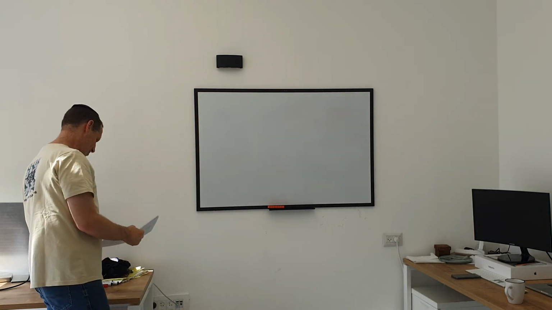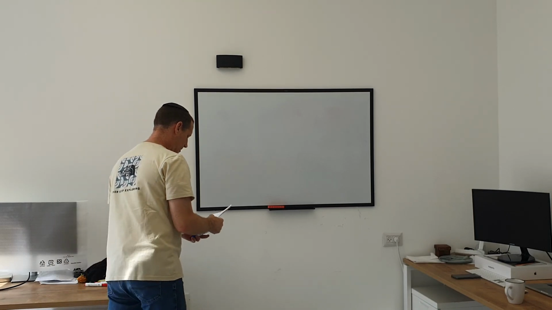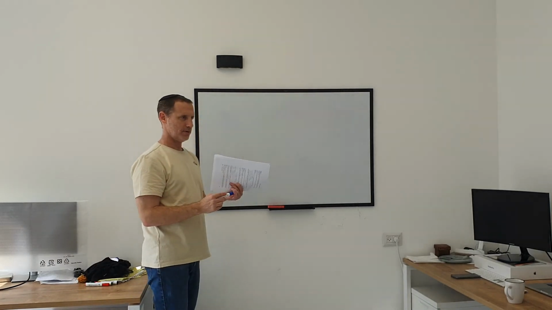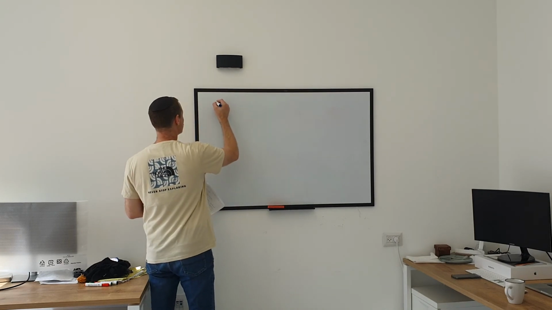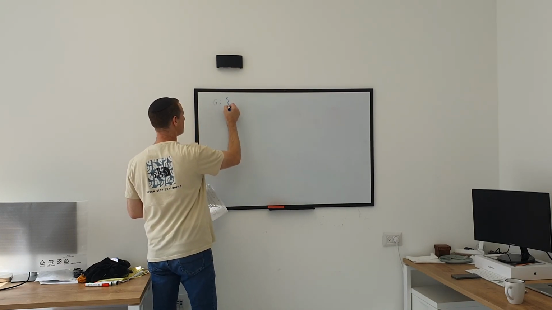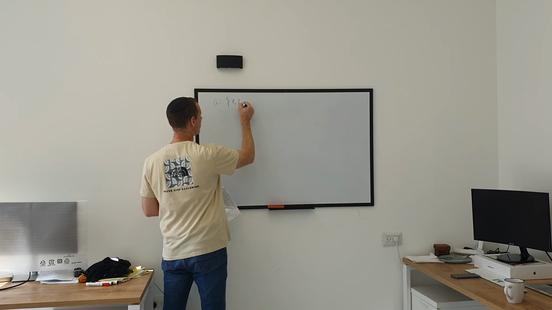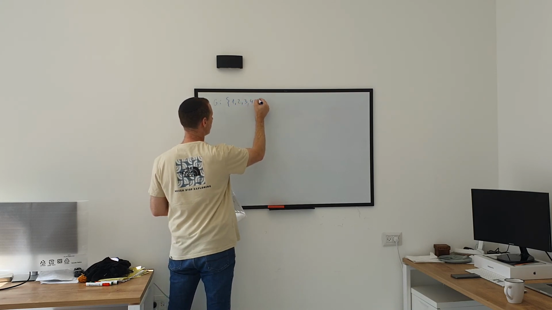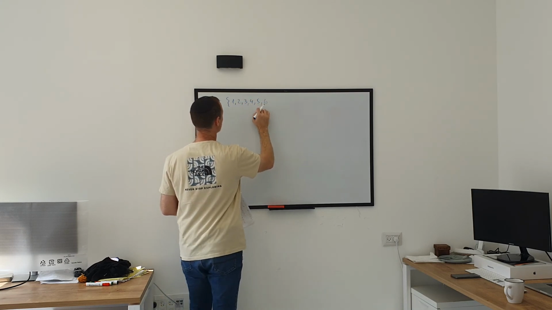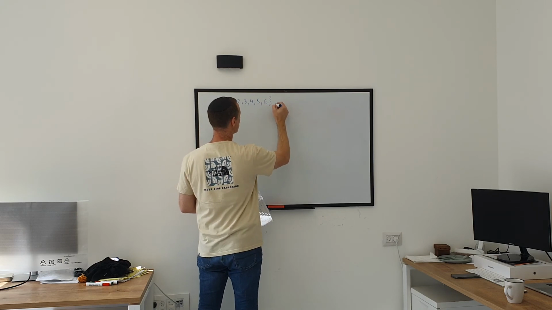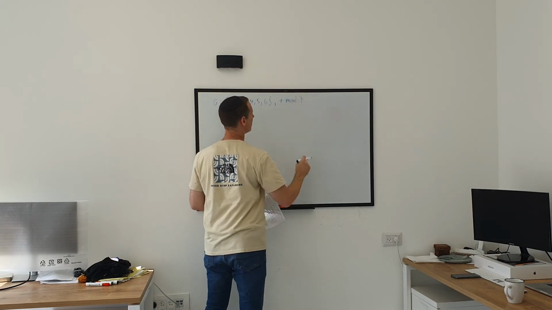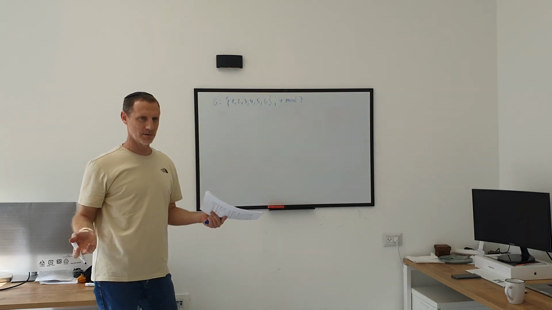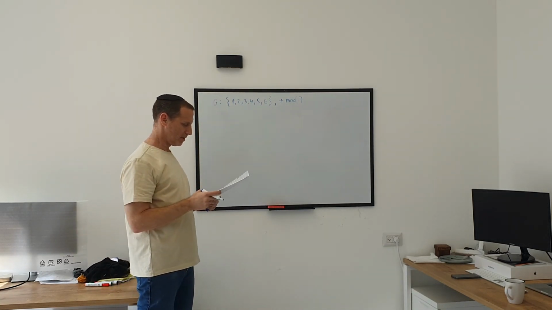Let's take the following group, which you know well. G is the numbers 1, 2, 3, 4, 5, 6, with the operation multiplication mod 7. We know that's a group, the multiplicative group.